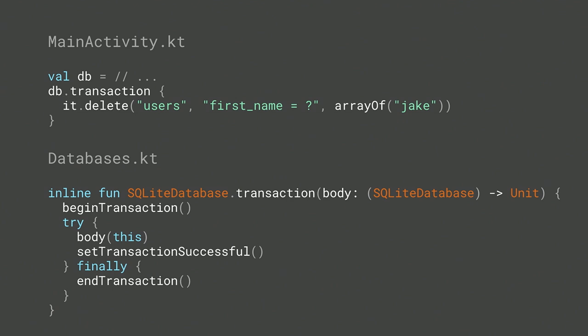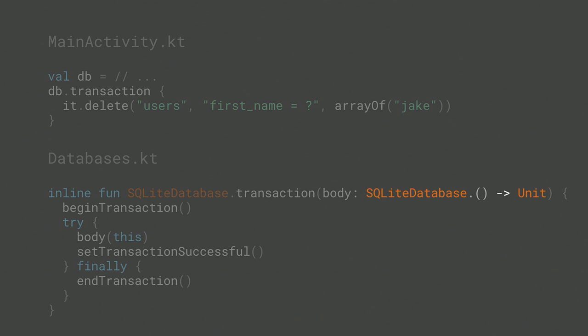So just like we had extension functions, which add methods to a type, we can create extension lambdas, or as I believe Kotlin calls it, lambdas with receivers. It's the same trick, where we change the parameter of the lambda that's being passed in to itself be an extension function of the database.